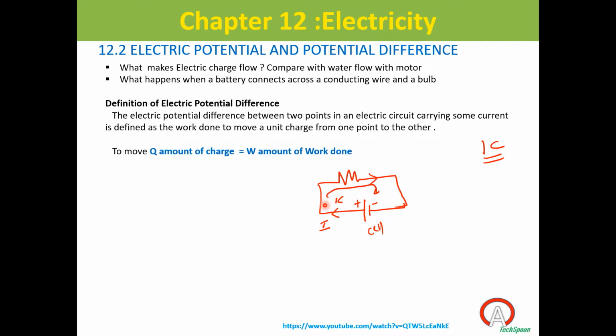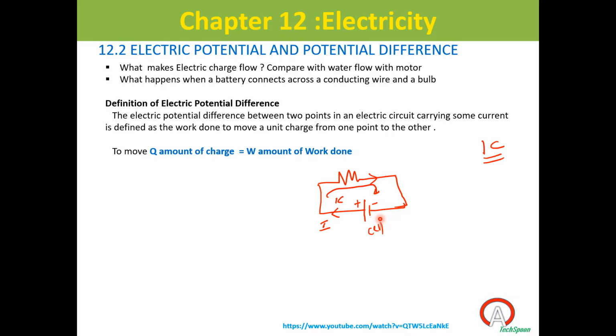And the work done to move Q amount of charge from the positive terminal to negative terminal is W. What is the total charge I am moving? Q coulomb. And the amount of work the battery is doing, or the amount of energy the battery is supplying, is W. Now, find out what is the potential difference.